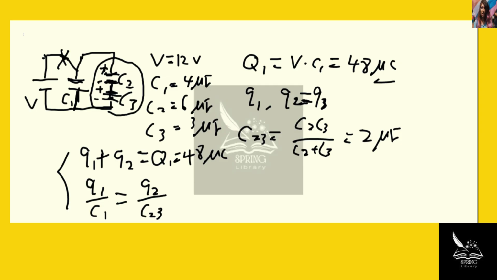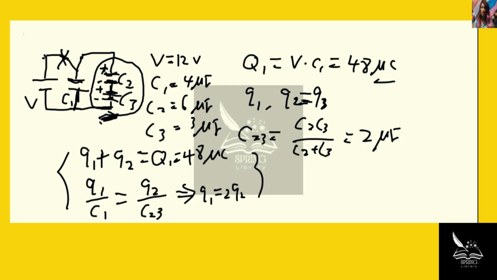As I mentioned before, Q2 is also the charge on the combined capacitor, so we use Q2 over C23 to express the voltage across the combined C2 and C3. This second expression we can simplify as Q1 equal to 2 times Q2.